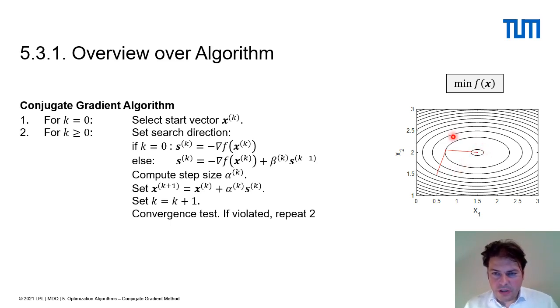I should have mentioned more explicitly before that this example that we're looking at here is something that is close to a problem with a quadratic objective function. But the methods we're currently discussing are not restricted to quadratic problems.